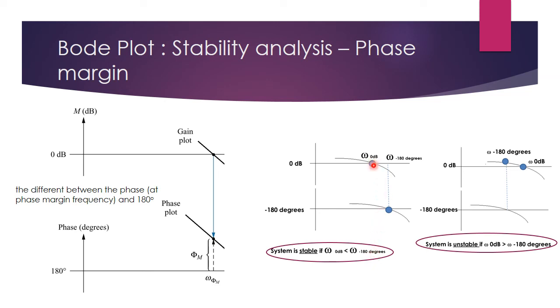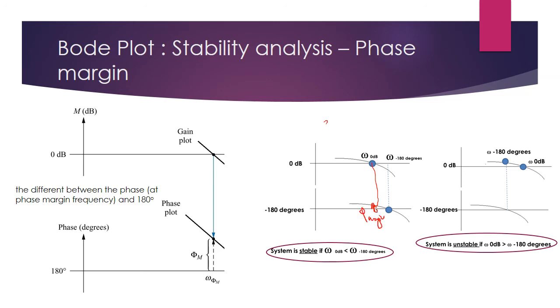So we can see here, for example, in your gain plot at 0 dB, your phase shift is smaller than the phase shift of 180 degrees. Then it means that you are stable. You have a certain phase margin over here. If I draw it out, at 0 dB we can see there is a certain phase margin. So this is the margin.